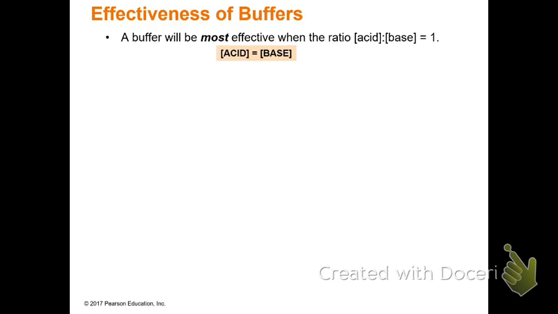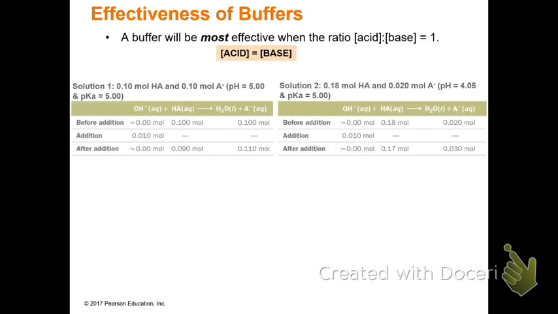All right, a buffer will be most effective when the ratio between the acid and the base is equivalent to 1. So in other words, the concentration of the acid is equivalent to the concentration of the base. Okay. So here's an example of a problem illustrating this concept.